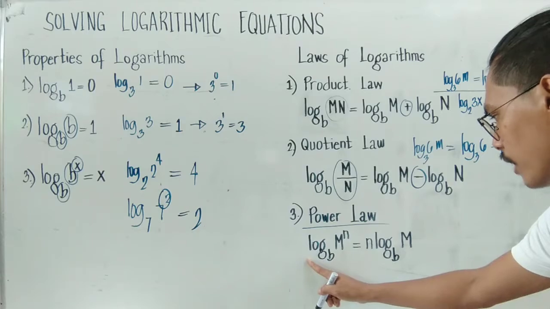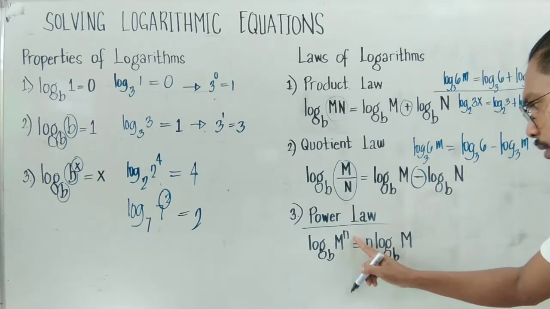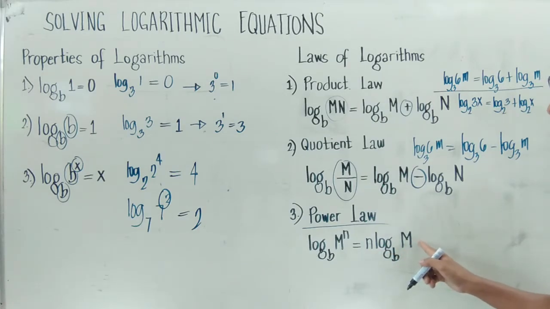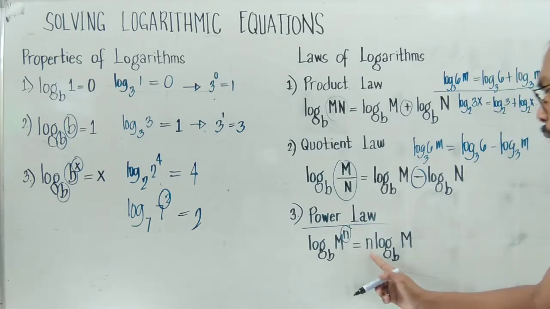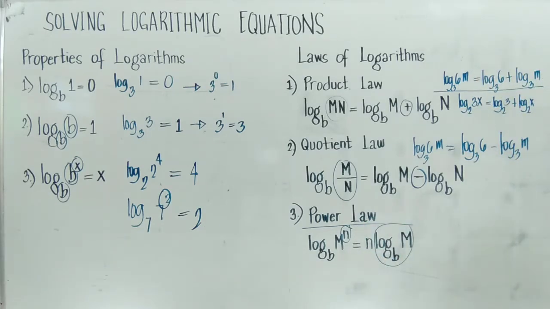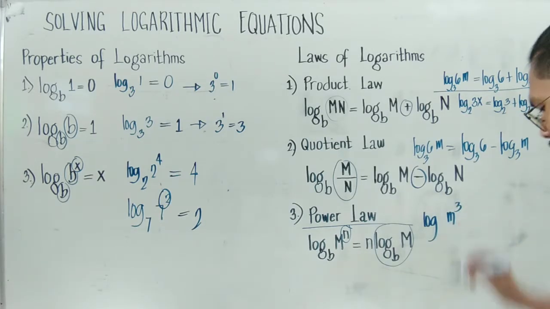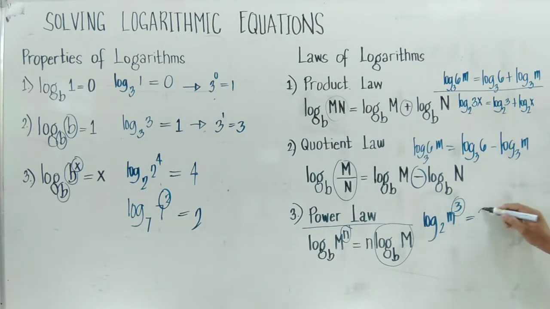So we have log of m raised to n base b is equal to n log of m base b. So if you can see here, the exponent n is multiplied to the log of the number. Okay? Such as, example, we have log of m cubed base 2, and that will be equal to the exponent 3 multiplied to log of m base 2.